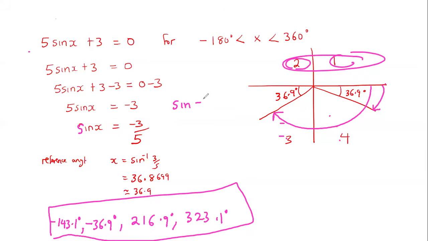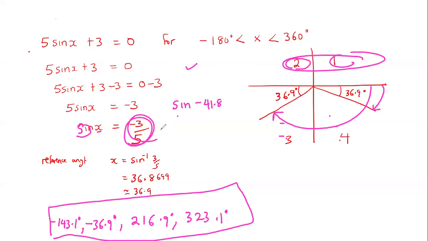Now what you do, continue. The second one is negative 41.8 degrees. Now get that answer and place it here. Take the sine of that answer and check whether it gives you that.